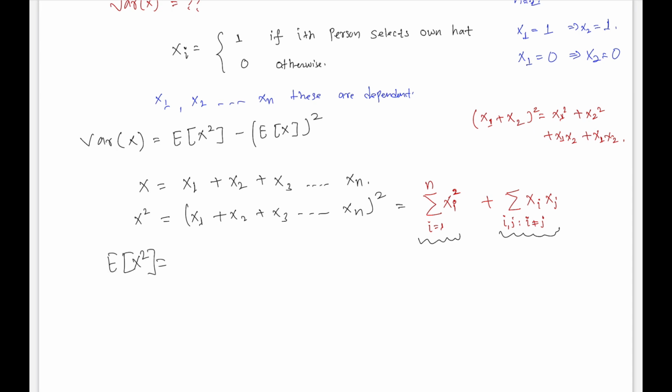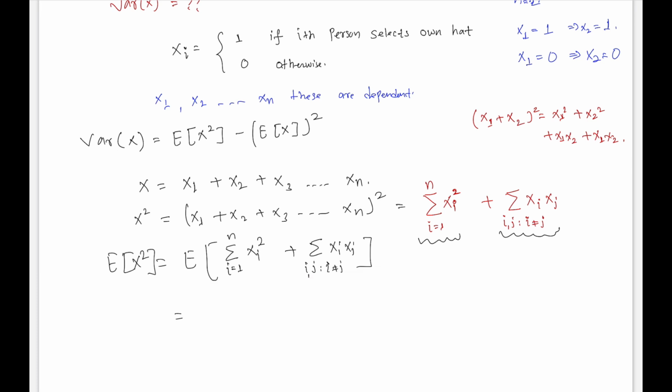That would be nothing but the expectation of these terms: summation from i equals 1 to n of xi square plus summation over i, j such that i is not equal to j of the product of the cross terms, and we can use linearity here, right?